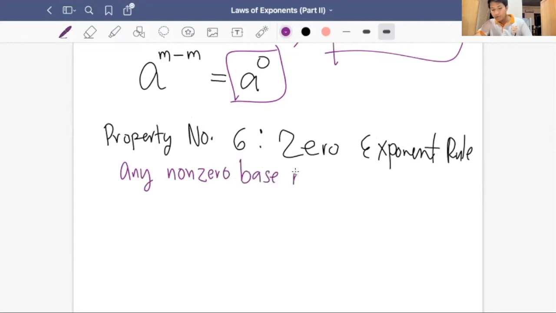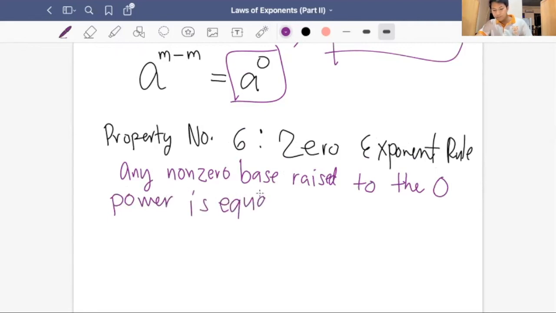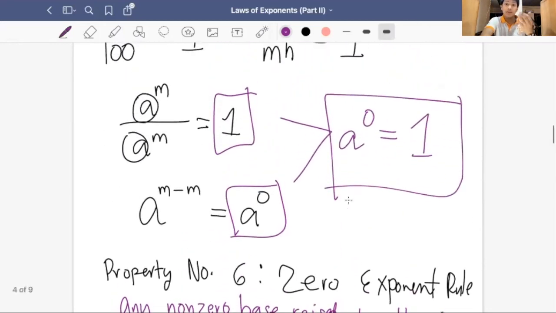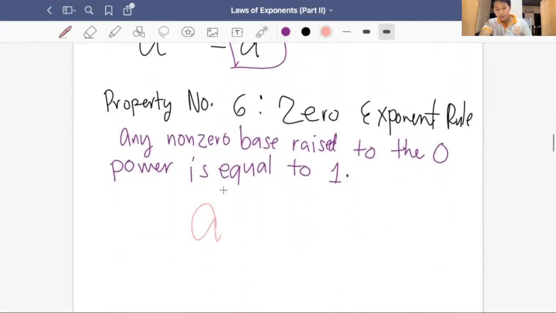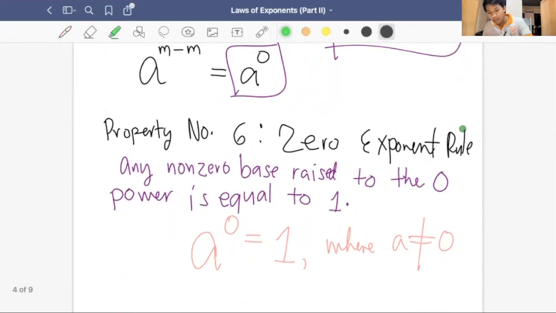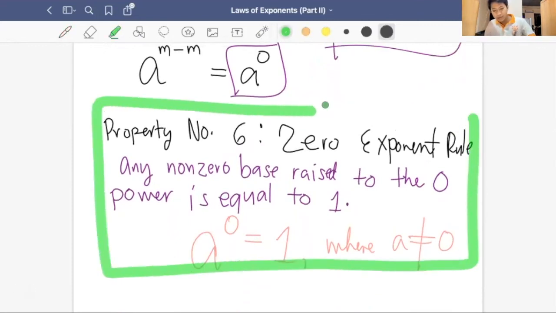So algebraically, amo to kagina ang aton gin-derive, we have a to the 0 is equal to 1, where a is not equal to 0. Okay, where a is not equal to 0. So this is our property number 6.